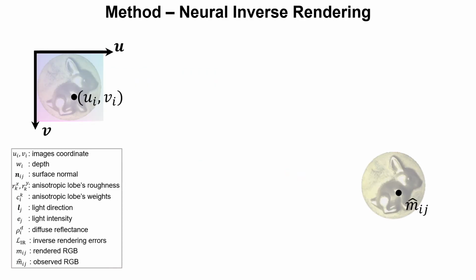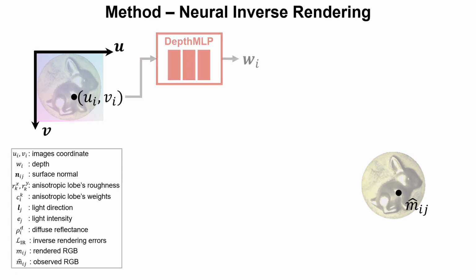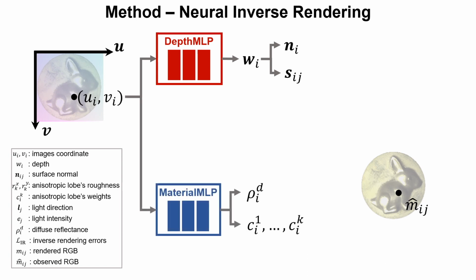Integrating all methods together, DANI-Net forms an inverse rendering framework that involves two MLPs. The depth MLP takes the coordinates as an input, passes them through a positional encoder, and outputs the depth at that point. The predicted depth will be used to calculate the cast shadow and the surface normal.